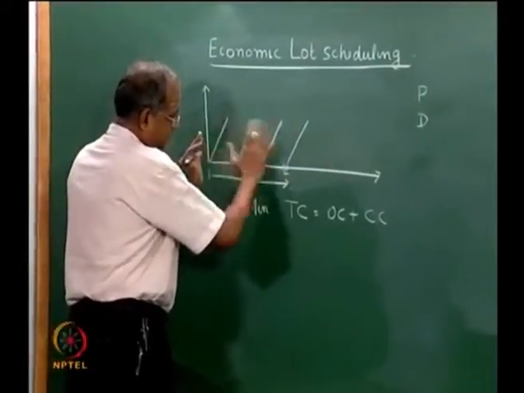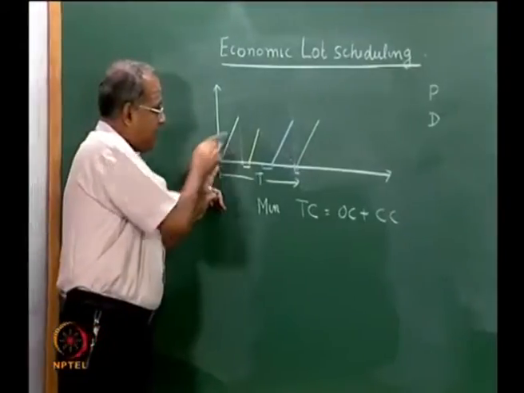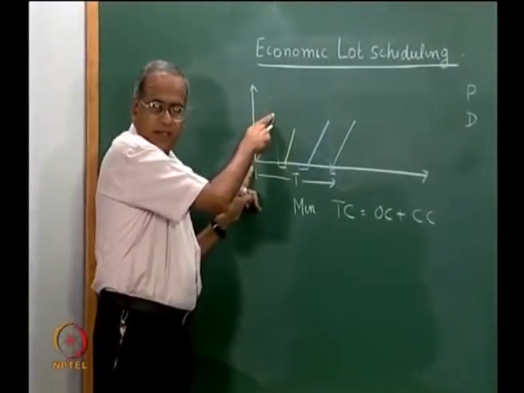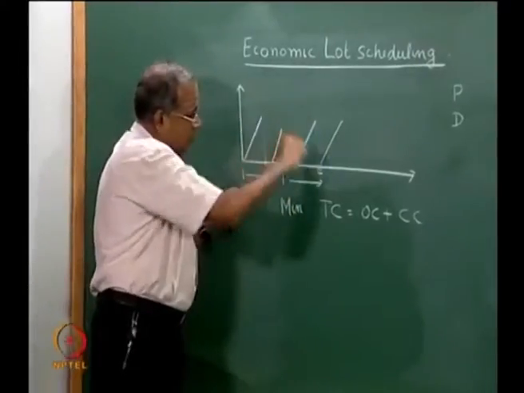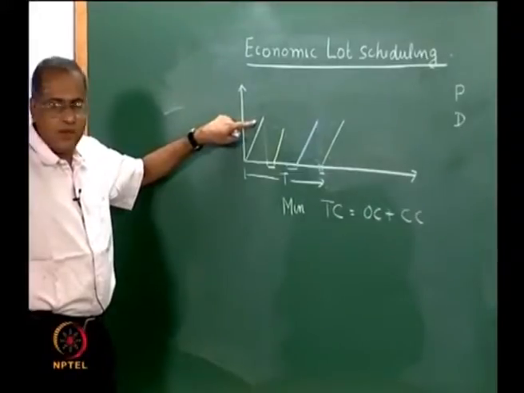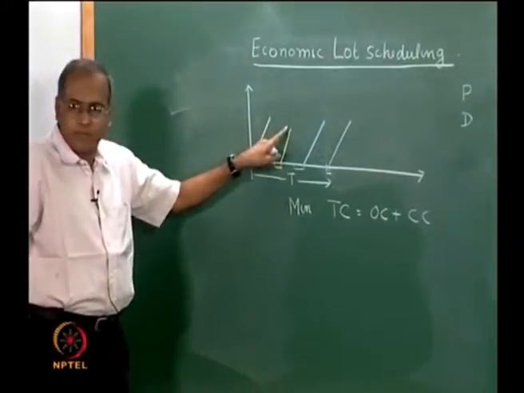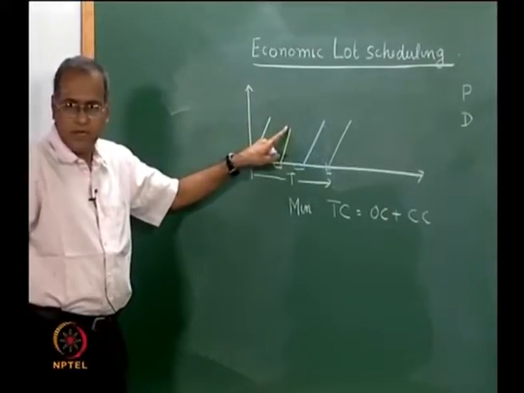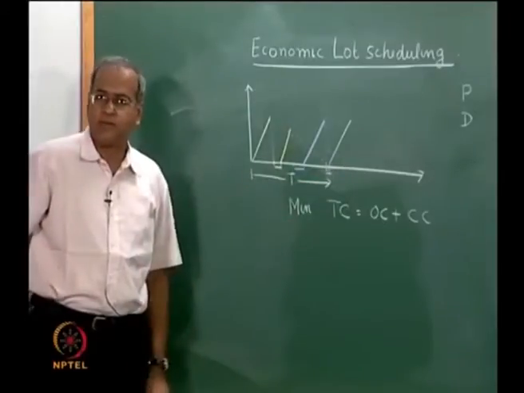when we started doing this, we said I am building up inventory for this at the rate of P minus D, and then when I consume this, which is shown by the white dotted line, I have built up enough inventory here. Similarly, when I start this yellow, I am building up inventory here, and then I stop producing the yellow and I consume the yellow for a while.